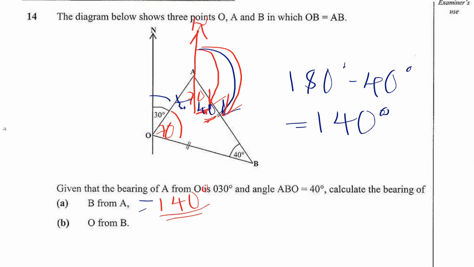The second question is saying find the bearing of O from B. So we're going to draw the north here at B, then we're going to move clockwise like this up to the line connecting OB, and this is very simple.